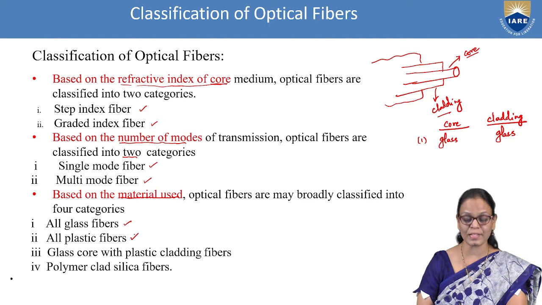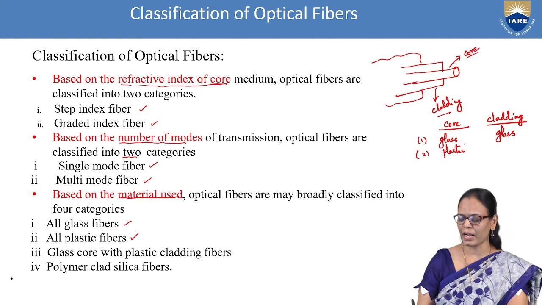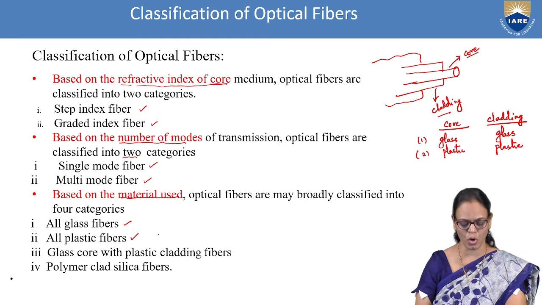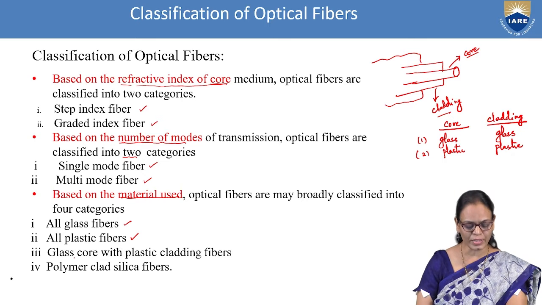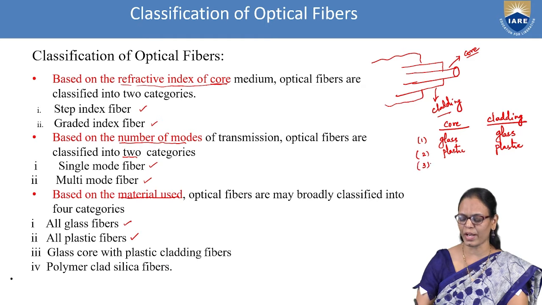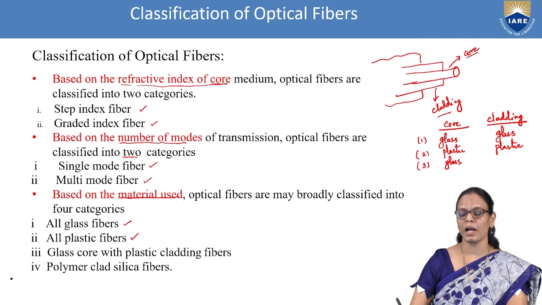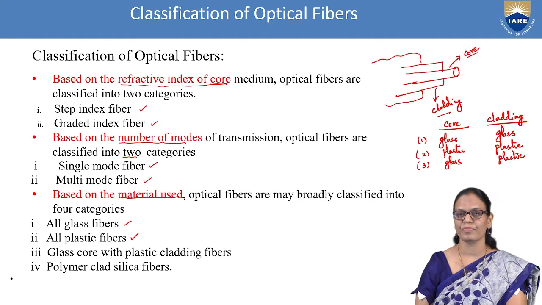Then we have all plastic. All plastic here means the core is made up of plastic and the cladding is also made up of plastic. So we call these all plastic fibers. And the third category is a glass core with plastic cladding. Here the core will be made up of glass and the cladding will be made up of plastic.